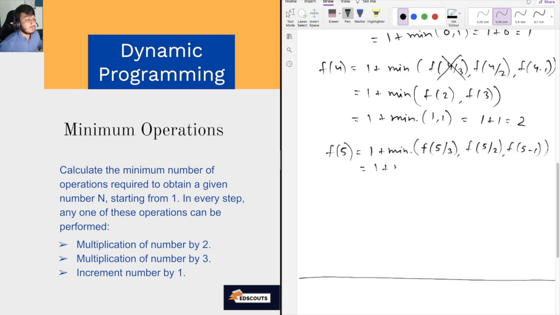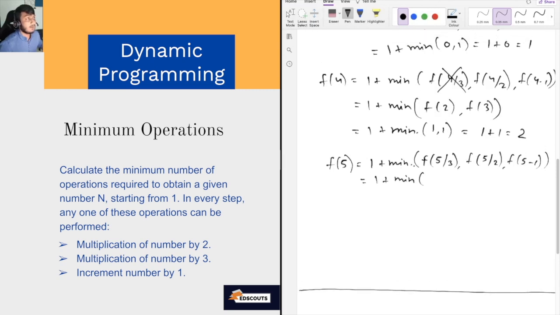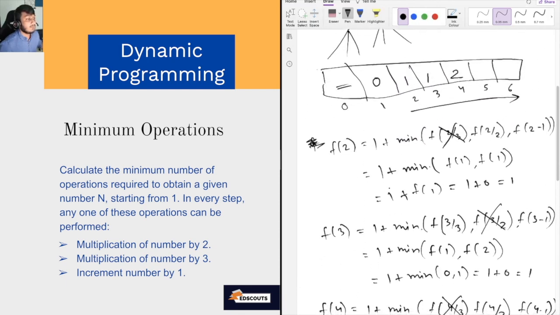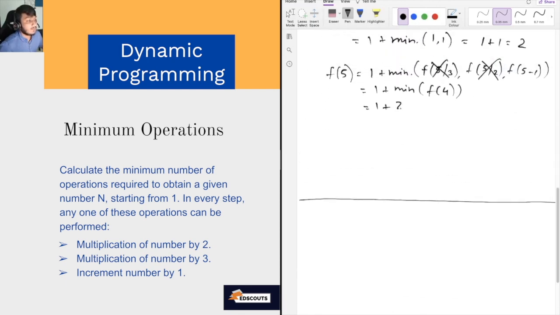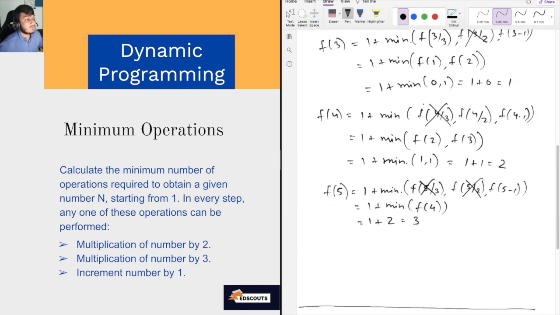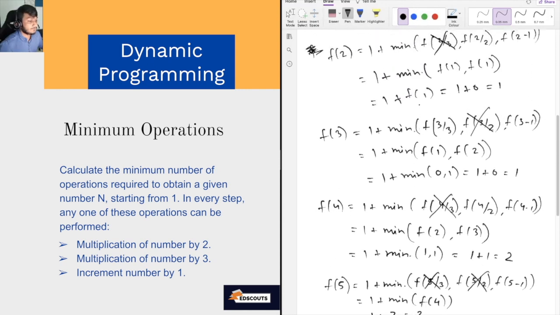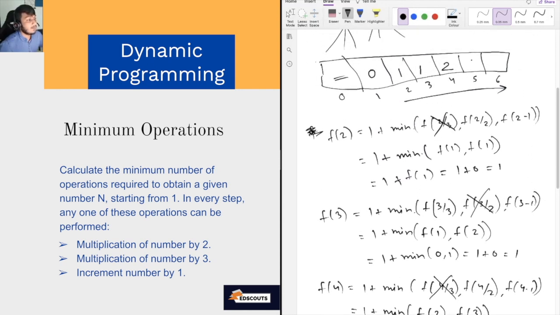We won't calculate the first two, since 5 is not divisible by 3 and 5 is not divisible by 2, so directly f of 4. So it is 1 plus, what is f of 4? f of 4 is 2. 1 plus 2 is equal to 3. So for getting number 5, how many operations do we require? 3 operations, starting from 1.